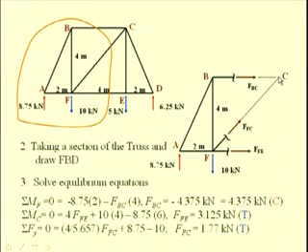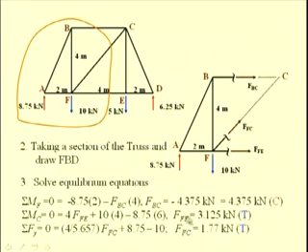In the same way, we take the moment summation about this point C. We have 4 times the force in FE, because the moment arm of this force is 4 meters, and this is a counterclockwise moment and thereby a positive moment, plus 10 times 4, the moment of this force 10 kilonewton, again a positive moment because it is counterclockwise about C, and the moment of this 8.75 kilonewton reactive force is a clockwise moment about C, and thereby it is a negative moment.